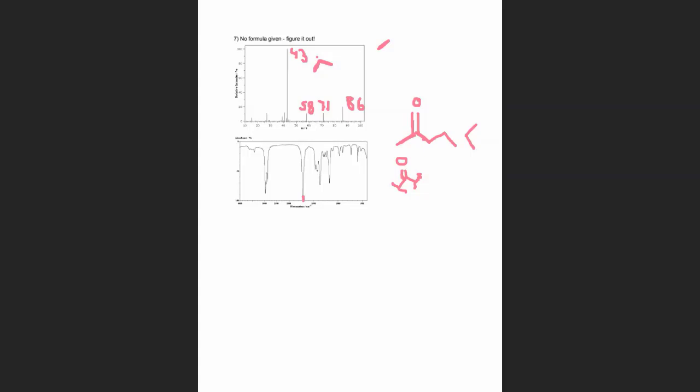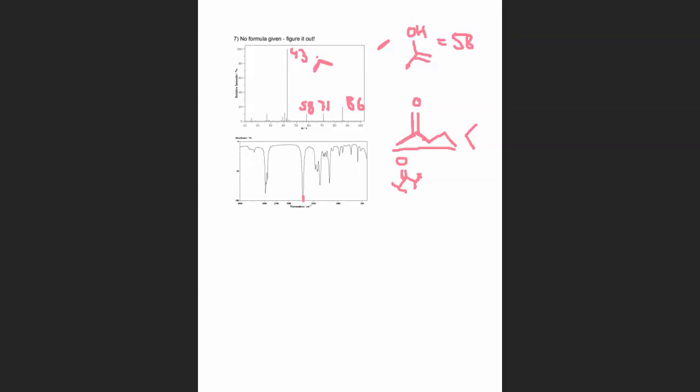Okay, and so if we do that McLafferty rearrangement, we would form this enol, okay, and then if I calculate the weight of that, it is 58. So this would be a 58. So that just means that McLafferty does happen. And so this would be our minimal structure that we have.